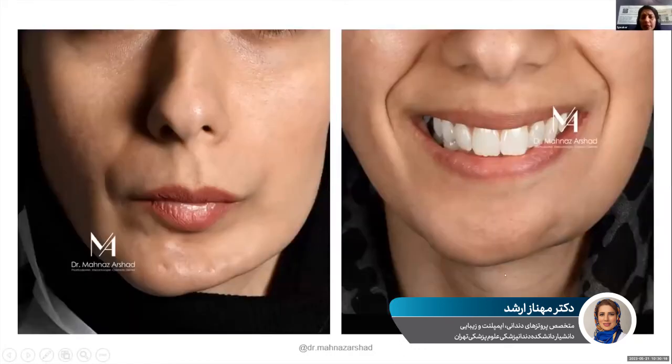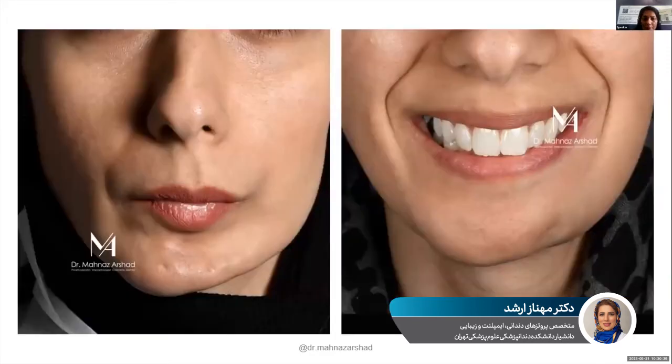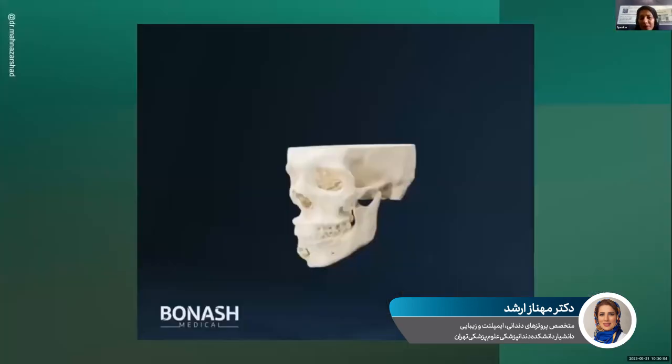We corrected the chin, but further correction of the chin maybe should be done with some prostheses, not with the subperiosteal implants, but she could masticate with these prostheses. So she's satisfied. I delivered this patient before the Nowruz holiday, on the last day, and she was so happy and so thankful, and it was a great time for me.